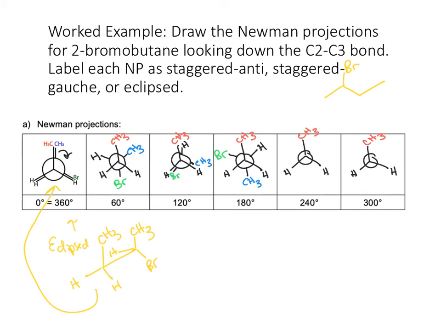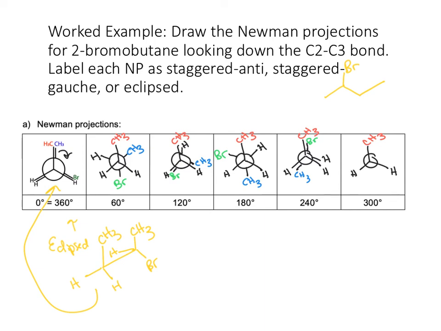Now I rotate again to the eclipsed conformer. Now the bromine is here at the top, the methyl is over here, and the hydrogen is here.